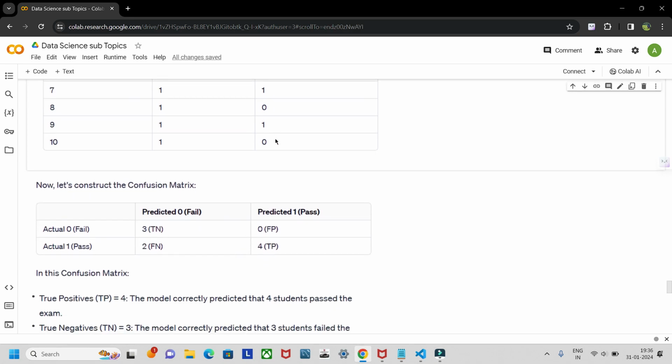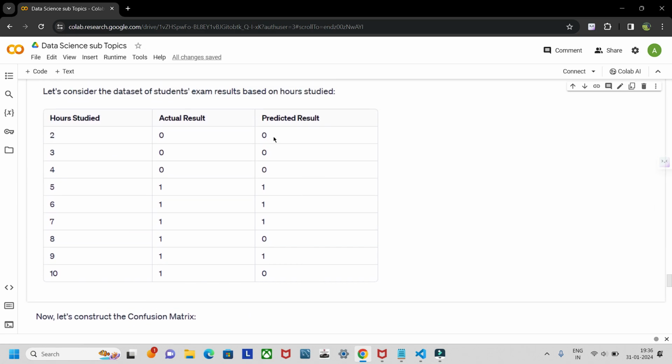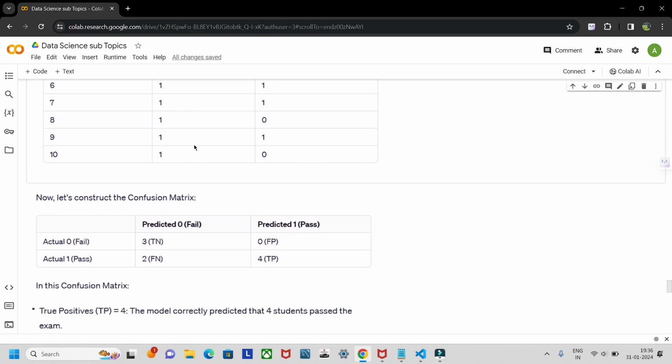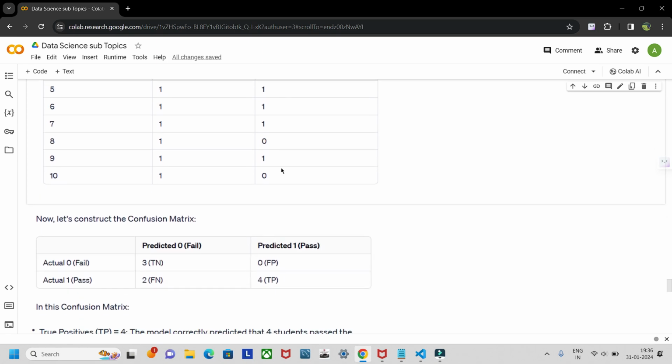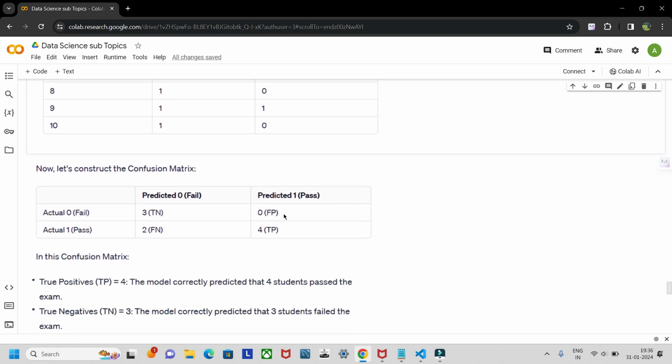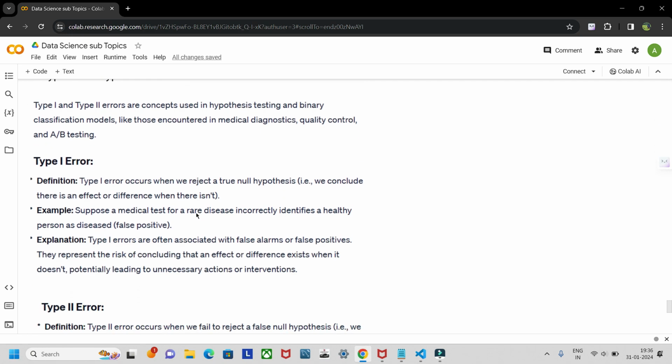Since in our case the false positive rate is 0, although the student failed, our predicted result is also the same, so no need to worry about false positives.